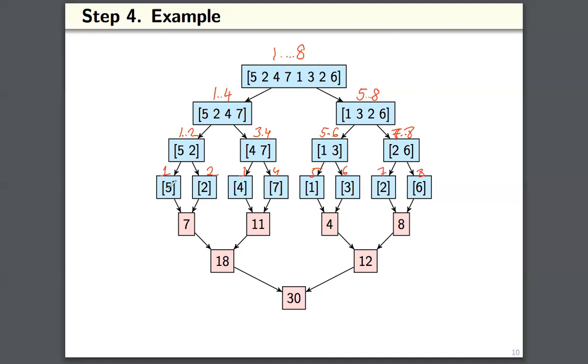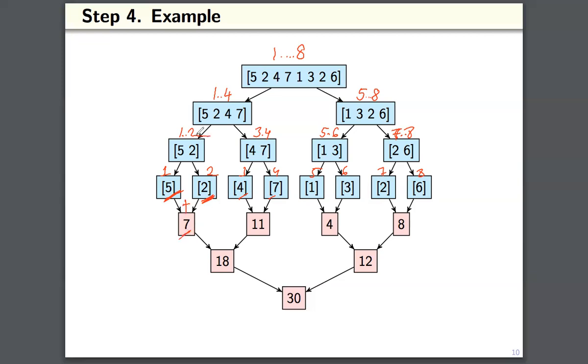If the array size is 1, you return the same element because that's the array sum, right? So it returns 5, it returns 2 here, 4, 7, and so on. Now look at this. You have L sum and you have R sum. What do you do? You add. You get 7.